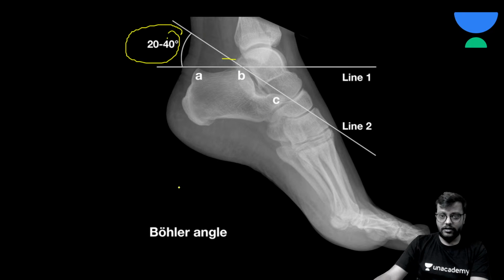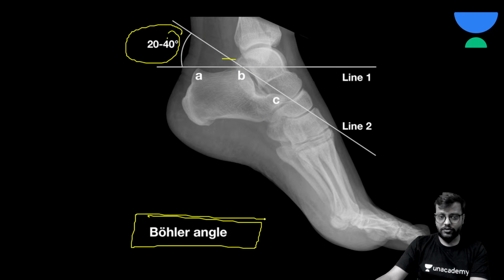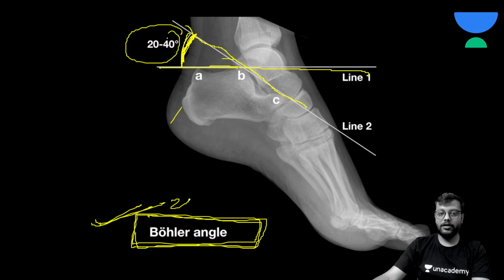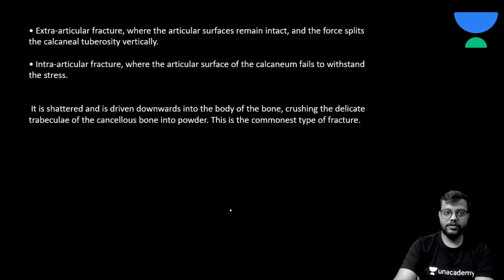Okay, and there is another angle which is called the polar angle, in which a line is passed through the horizontal surface of the calcaneum on the lateral x-ray to the inferior most surface of the talus, and here you'll see a line forming an angle. This is called the polar angle, and normally this is also around 20 to 40 degrees.